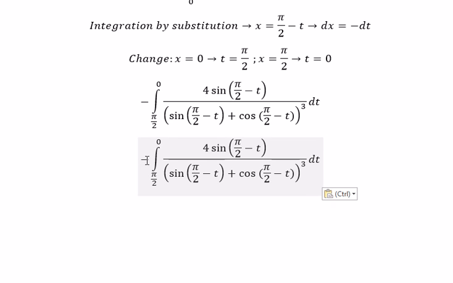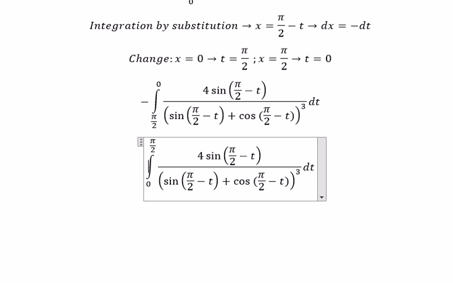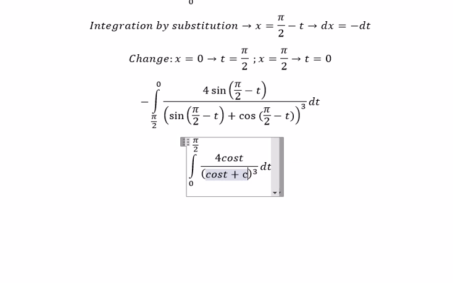Because we have the negative sign in here, we can swap the top and the bottom together. And this one we change for cosine t. This one we change for cosine t. This one we change for sine t.